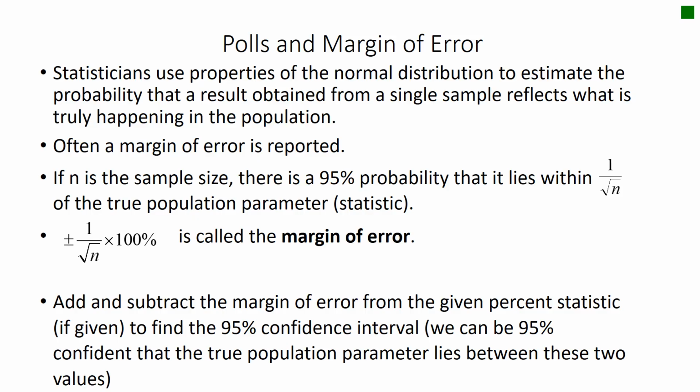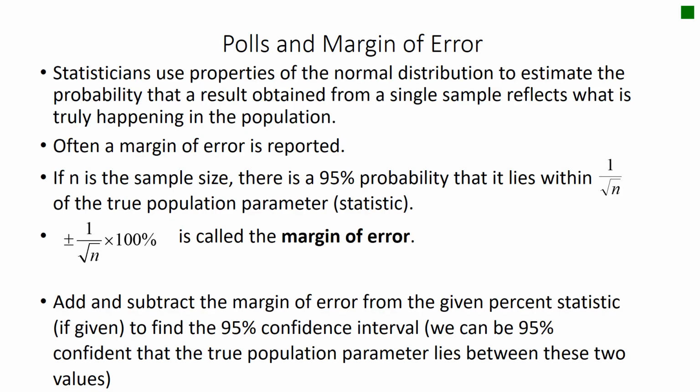Often a margin of error is reported, right? We might say 60% of people are voting for candidate A, but we gathered that information based on a random sample, so we would have to report the margin of error.